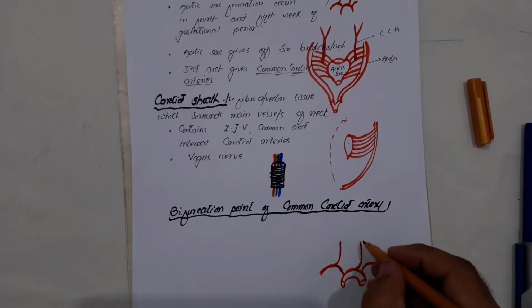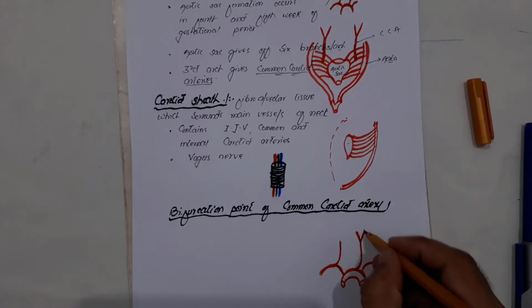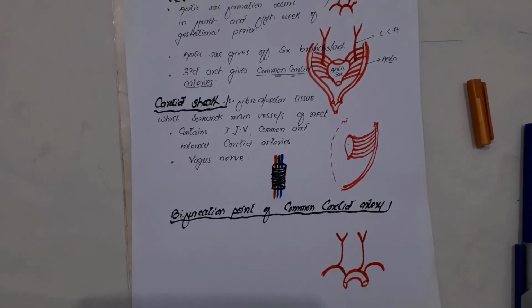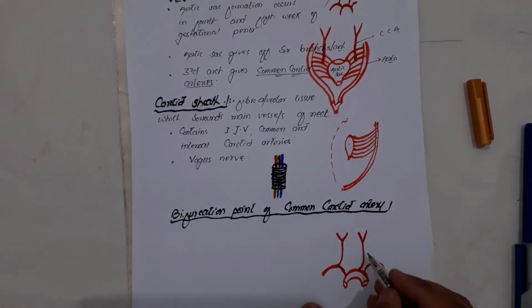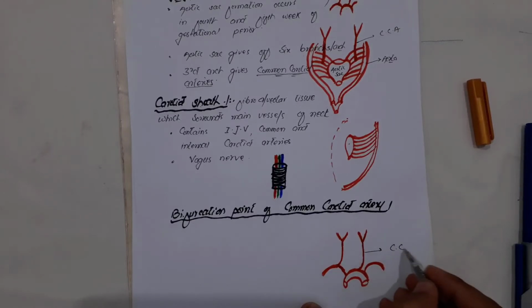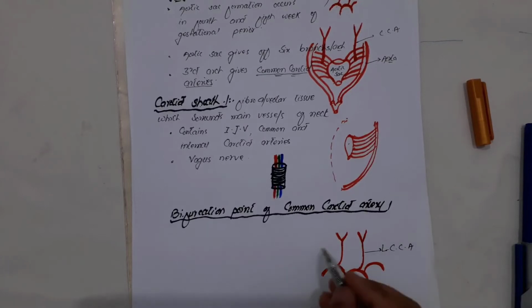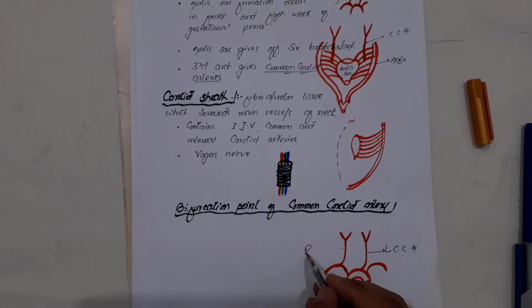Now at a specific point, this artery gives two branches, and it bifurcates. Bifurcation means it divides, right? It divides into internal carotid artery and external carotid artery. This is the common carotid artery, right? So this is the left common carotid artery, and this one is the right common carotid artery.